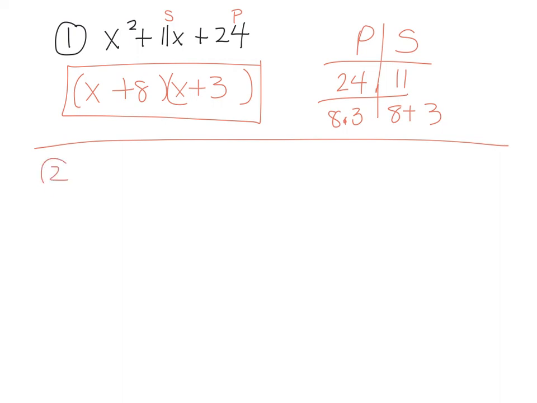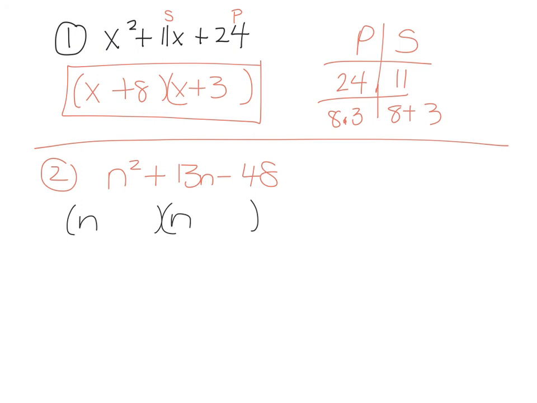Number 2. N squared plus 13n minus 48. It's going to put into two parentheses, so put it on pause and do it, and then come back.